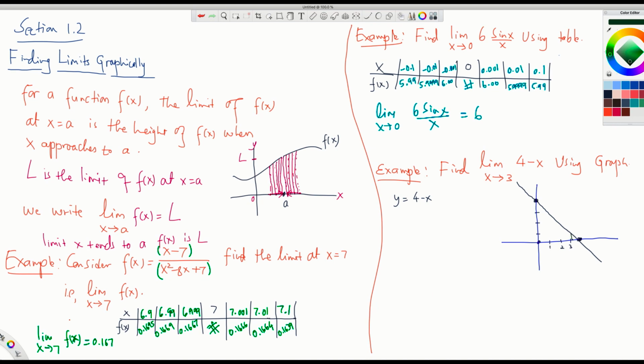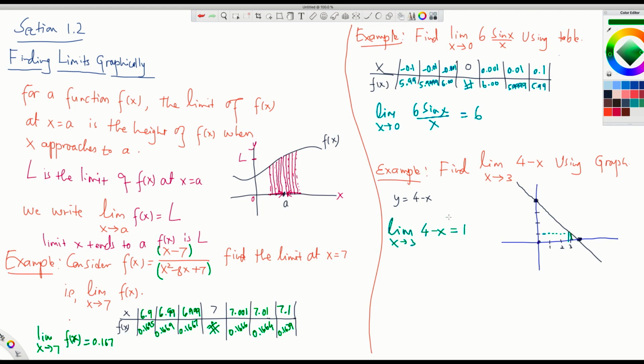From the left side, the height looks like this much, and from the right side, the height looks like this much, right? So what is that height? From either side, the height is almost 1. So you can see that the limit as x tends to 3 of 4 minus x is basically 1.